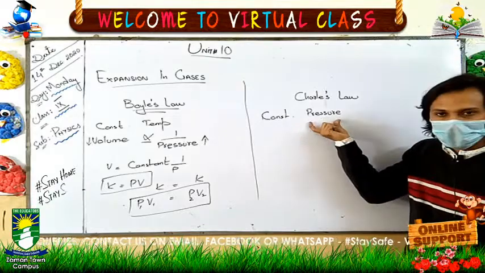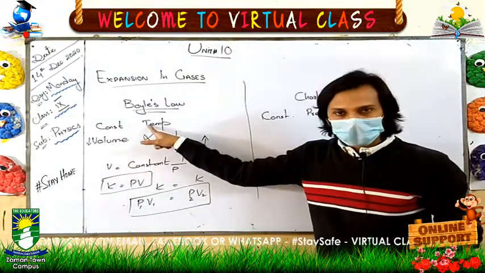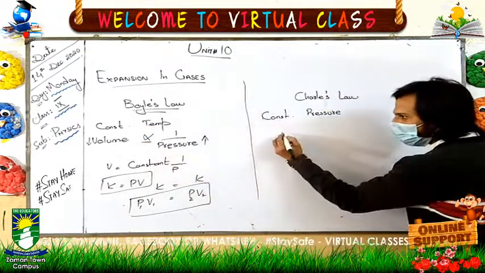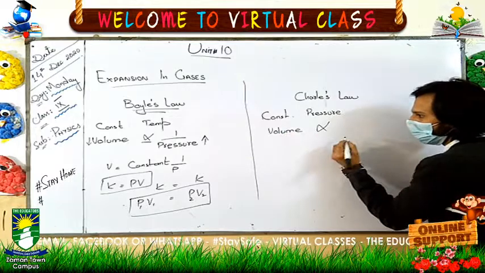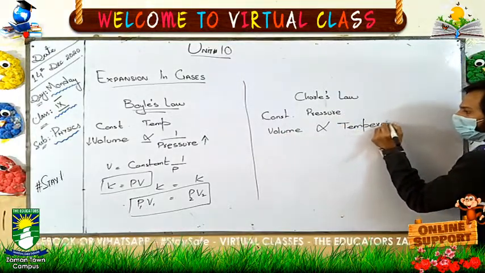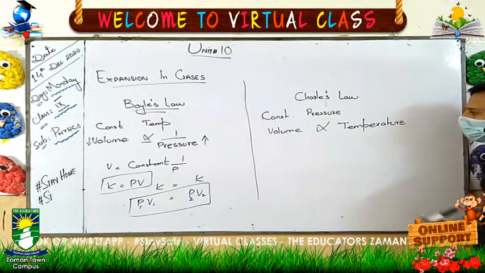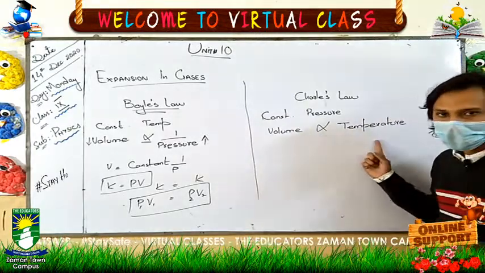Here we are keeping pressure constant, it means the relation is between volume and temperature. And what is the relation between volume and temperature? Volume is directly proportional to the temperature. Getting? Volume is directly proportional to the temperature.